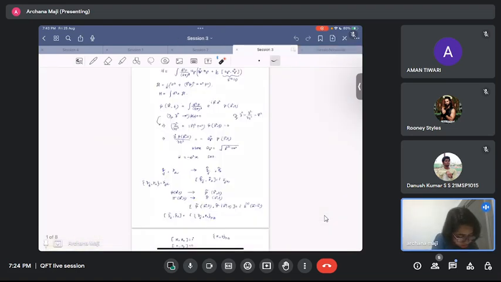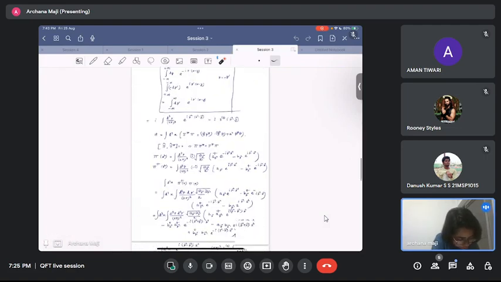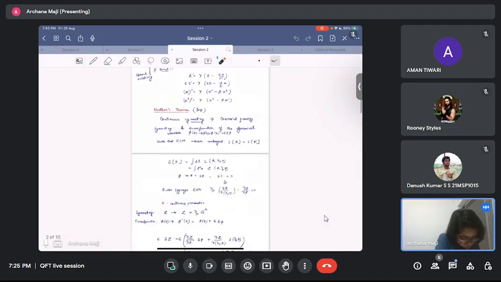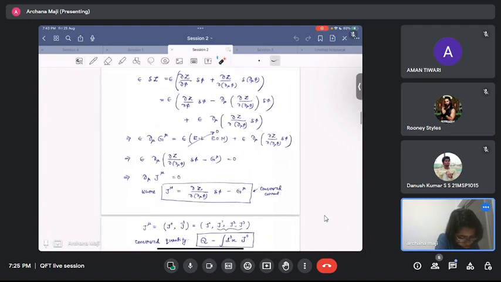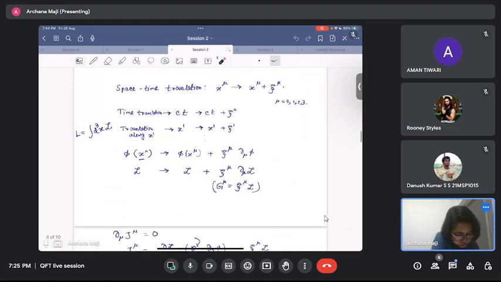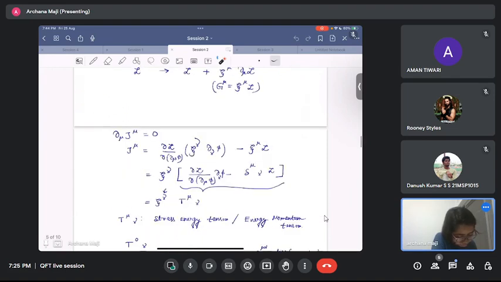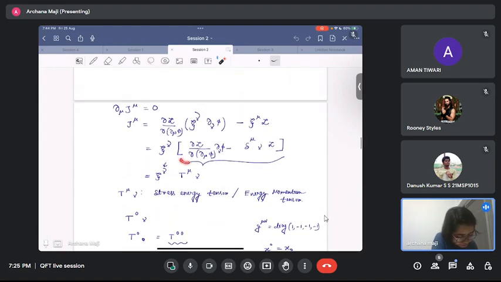If I give you an analogy from what we derived earlier, maybe it will become a bit clearer. When we did the space-time translation, here in session 2, phi got modified by xi mu del mu phi, and that was the change in the Lagrangian. And we said that this is the stress energy tensor.